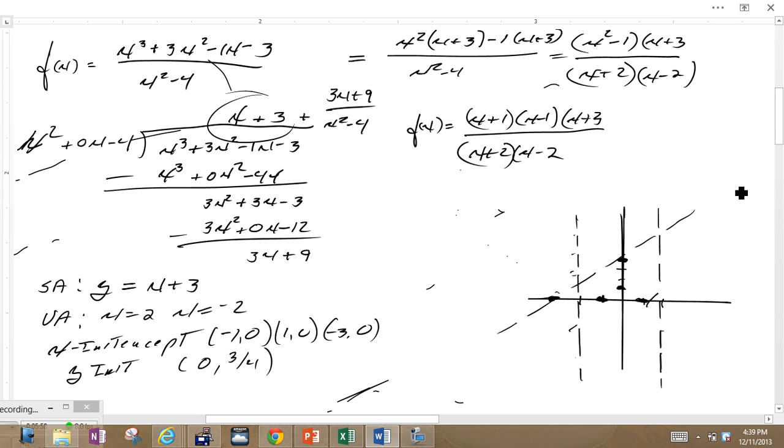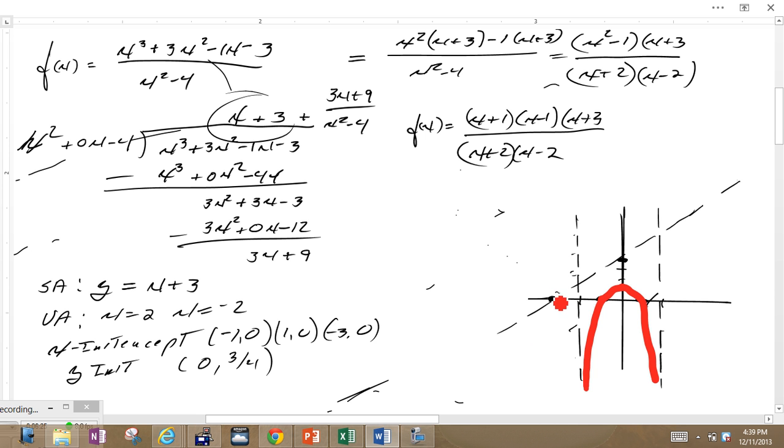So here's the guidelines for my graph, okay? Maybe we'll switch up the color here just to graph it, okay? So I've got it going through there and there and there, so it's pretty well defined that it's going to go through here.